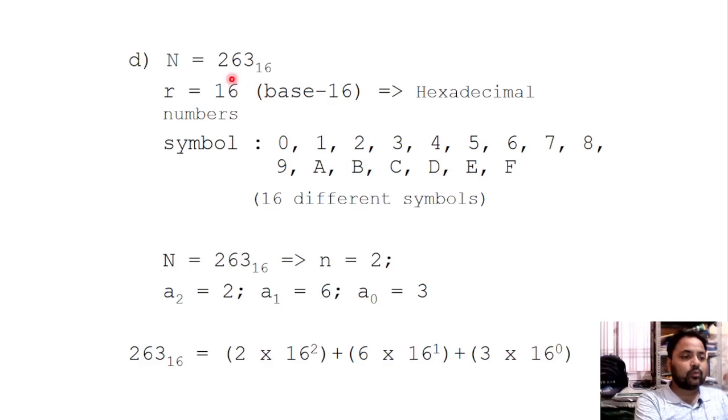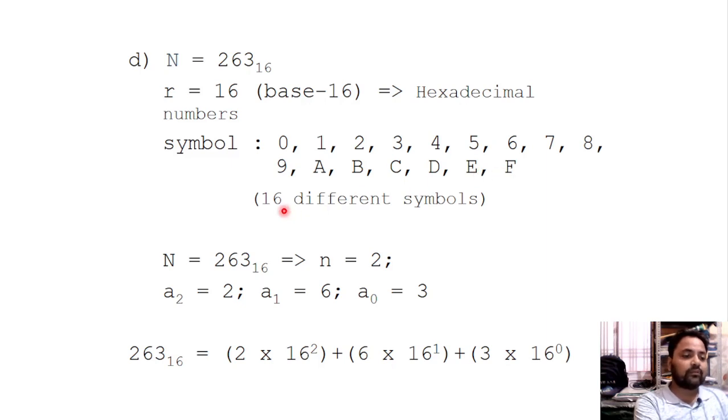Like n equals 263, this is the hexadecimal number system. Here the symbols are 0 to 9, A, B, C, D, E, F. For digits greater than 9, we use A, B, C, D, E, F. A stands for 10, B stands for 11, C stands for 12, D stands for 13, E stands for 14, and F stands for 15.